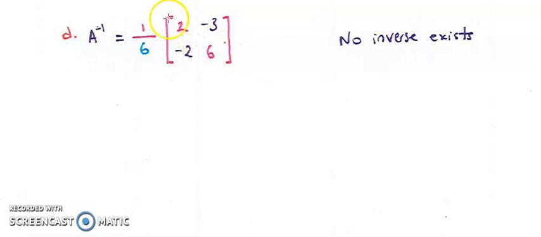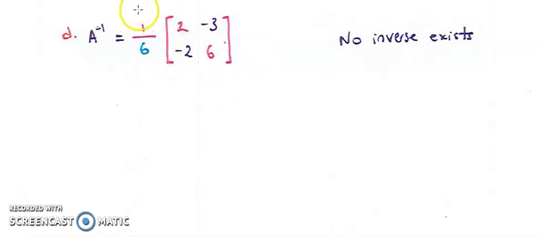So 2 becomes this element here, and 6 is here. And these elements have a negative in front, so negative 3 and negative 2. That right here, we keep as our inverse.